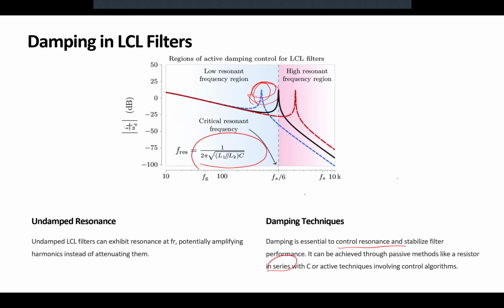That resistor would create a damping factor in the resonance part, which takes care of the negative effect of amplifying those frequencies in the resonance. It's basically that R adds a damping factor near that resonance. Any question? Are we good?